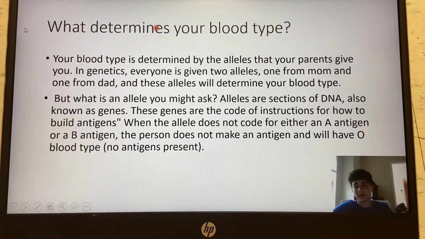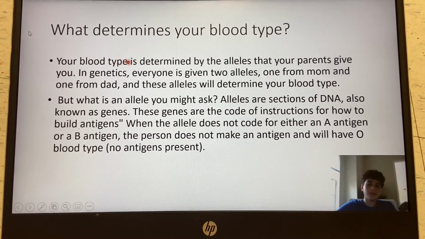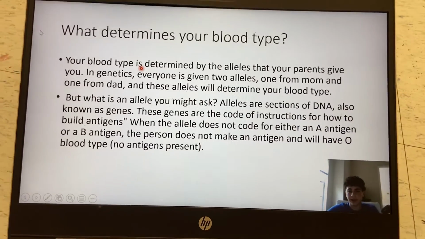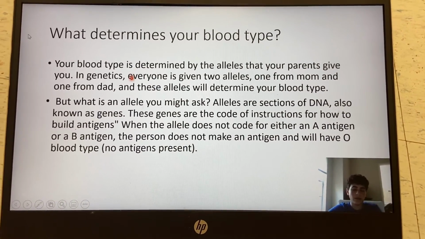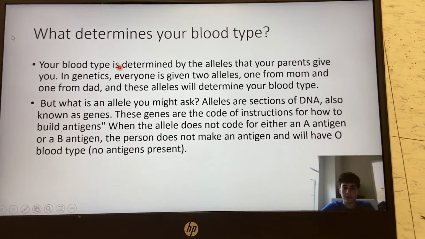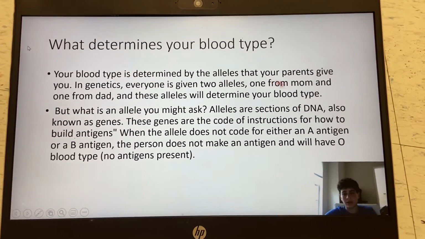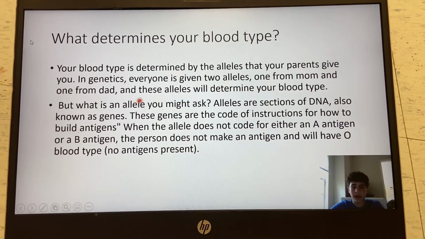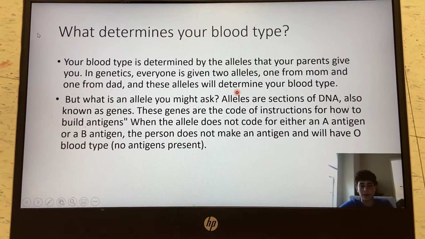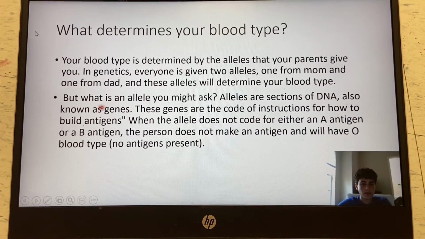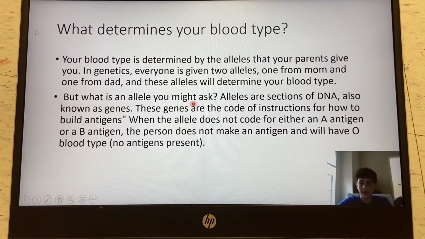And what determines your blood type? Your blood type is determined by the alleles that your parents give you. Each of your parents will give you 1 allele, 1 from your mother and 1 from your father. These alleles will determine what your blood type is. So what is an allele, you might ask?